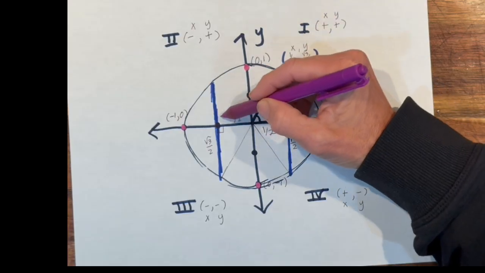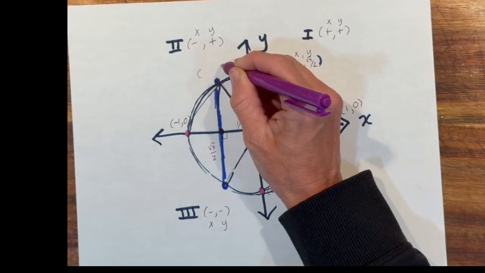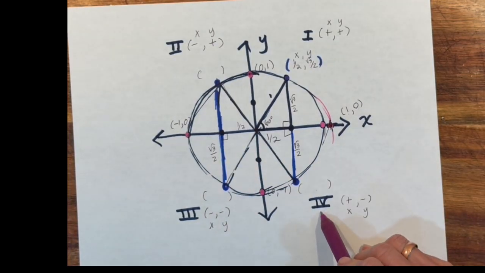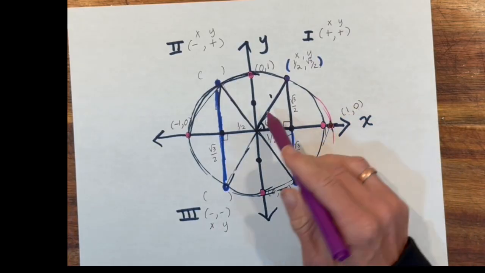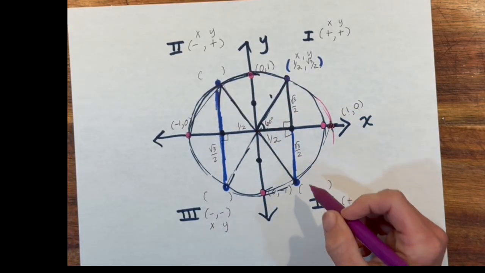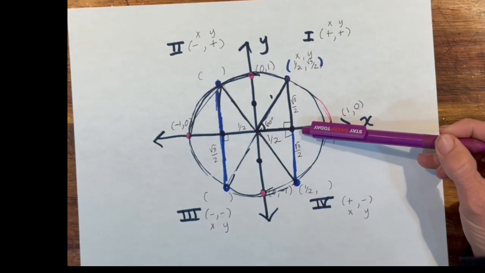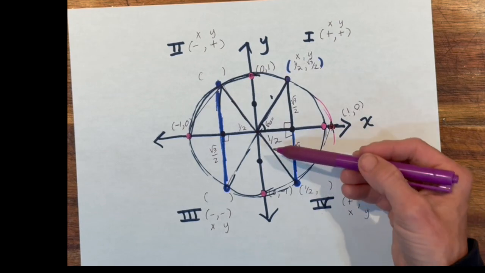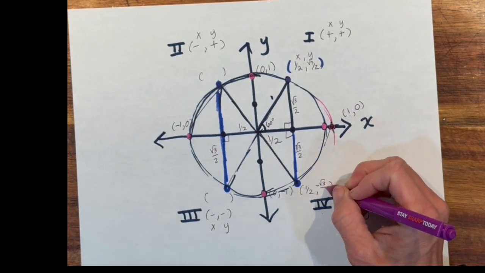And what about this one? Well, you can see that my triangle is 60 degrees. Here I can find the ordered pairs in quadrant 4. We already know that the x value is half. We're in the positive x. And this time we see that the y value was rad 3 over 2, but because we're below the x-axis, it's going to be negative rad 3 over 2.